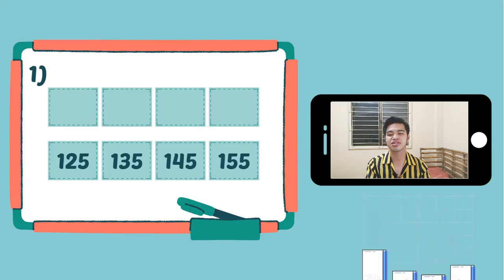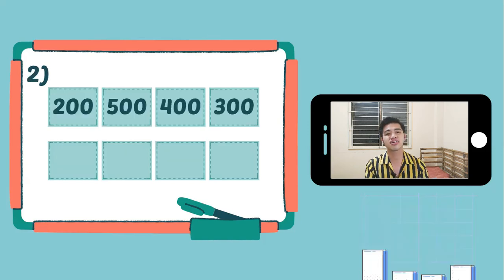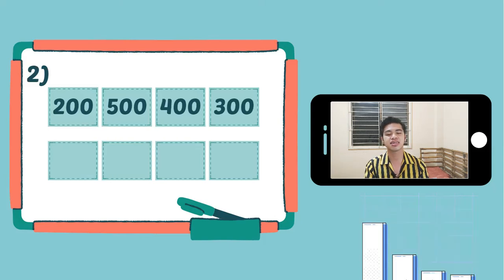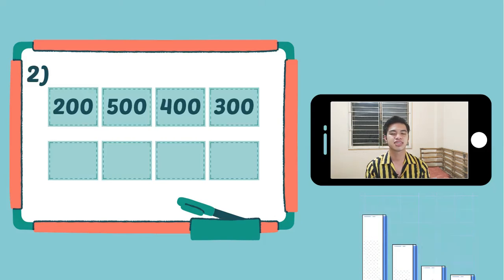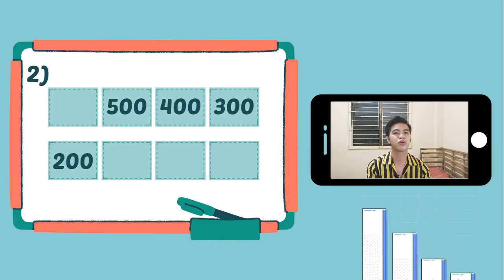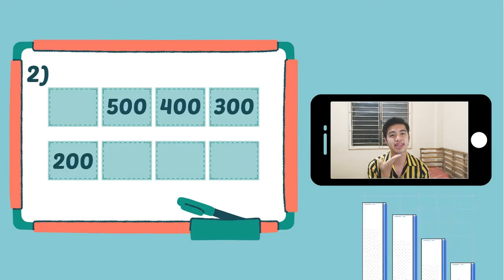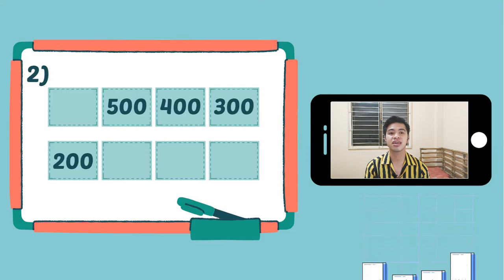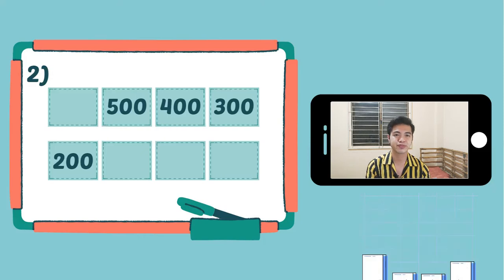Okay, so for number 2, we have 200, 500, 400, 300. We will decide which is the smallest. Here, the smallest number is 200. So we're going to write it down. The next number is, okay, let's find out which is the smallest among 500, 400, and 300.